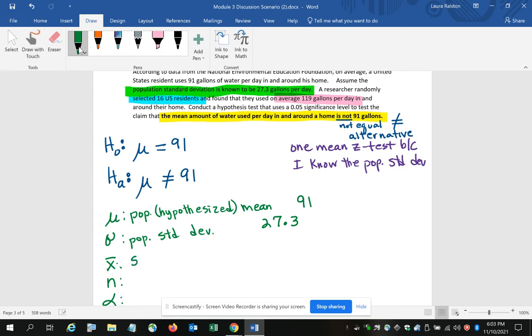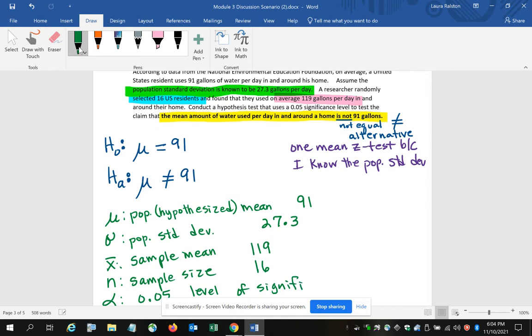So my sample mean is 119. My sample size was 16, and it says using a 0.05 level of significance.